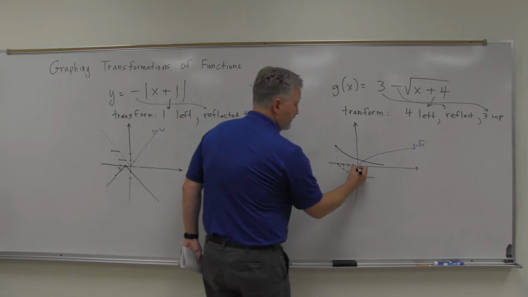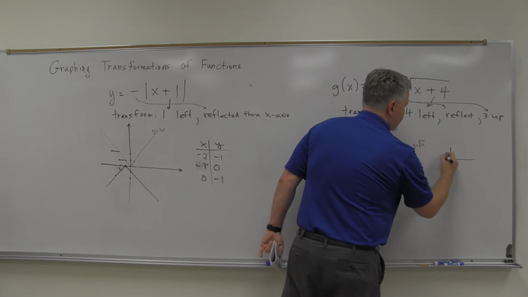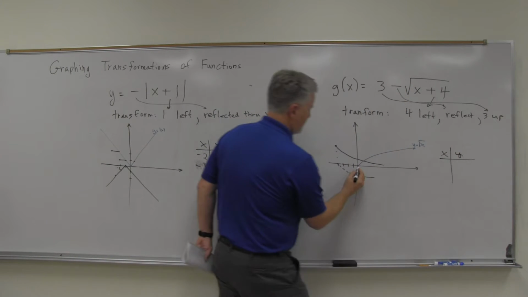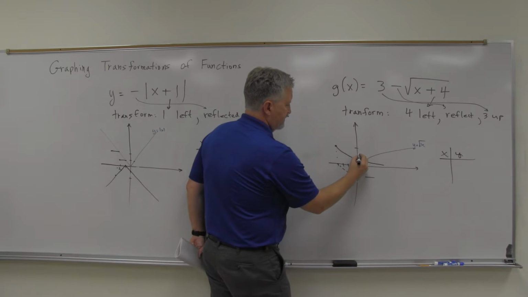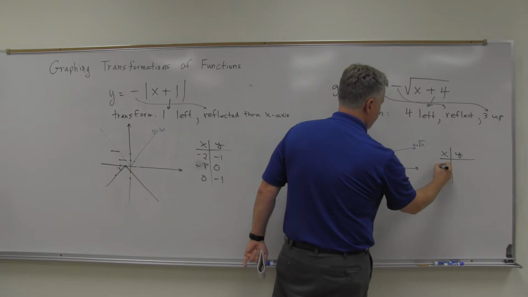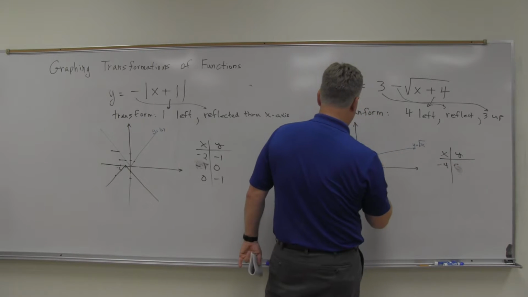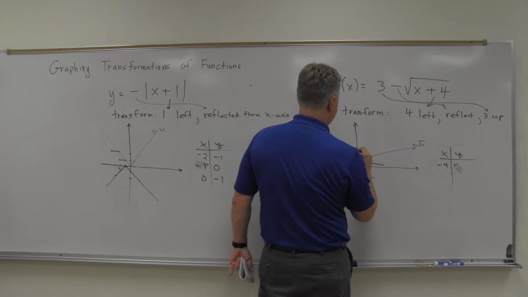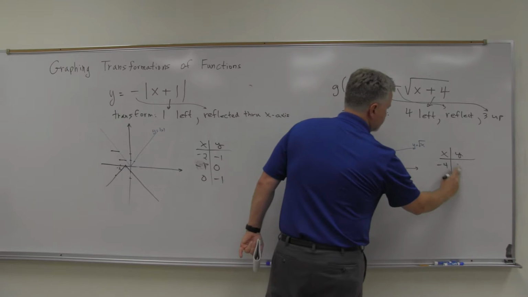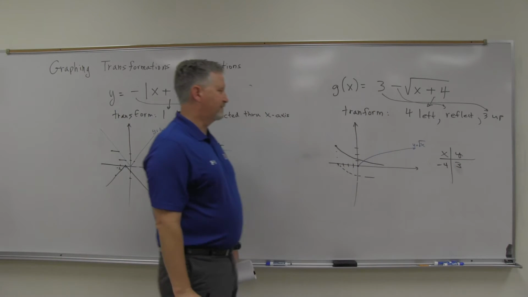So if you're looking for points, that's 0, 0. You've got 4 to the left, so it'll be negative 4, and positive 3, because we just went 3 up, not 4 up.